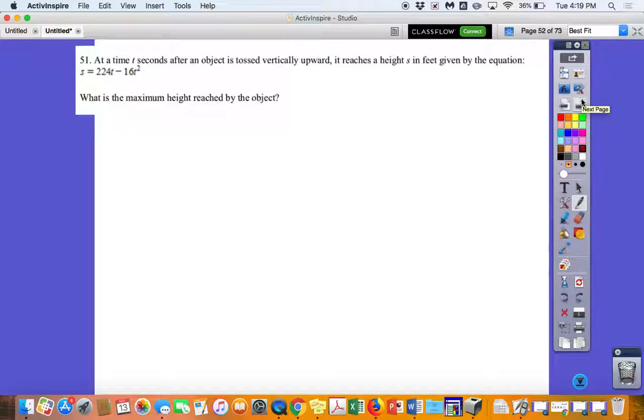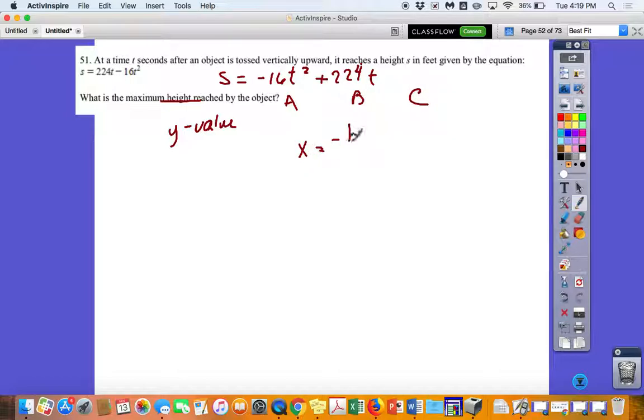Okay, at a time t seconds after an object is tossed vertically upward, it reaches a height of s in feet given by the equation right there. What's the max height? Y'all, we want the y value. Okay, so that means, turn it around, s equals negative 16t squared plus 224t. This is A, this is B, C, you don't have one. So x equals negative b over 2a.